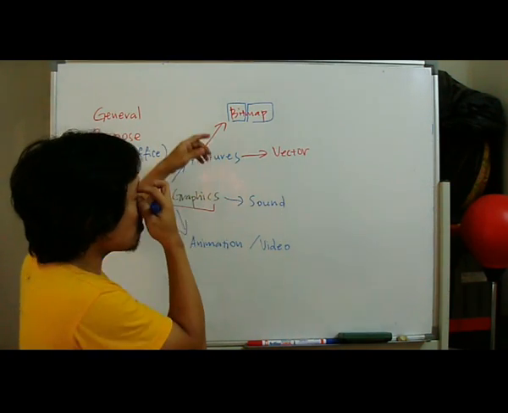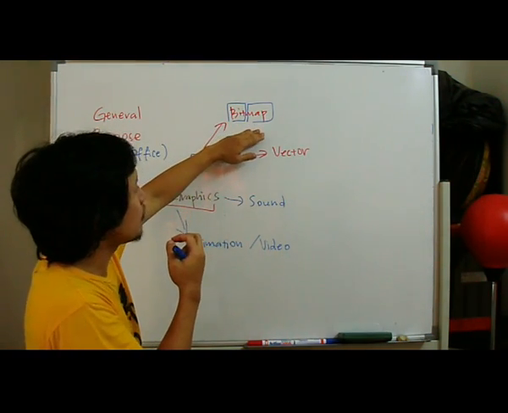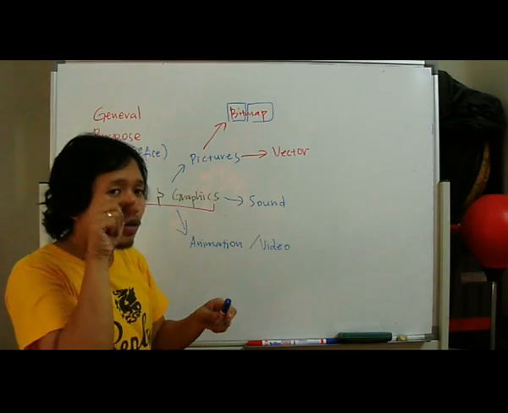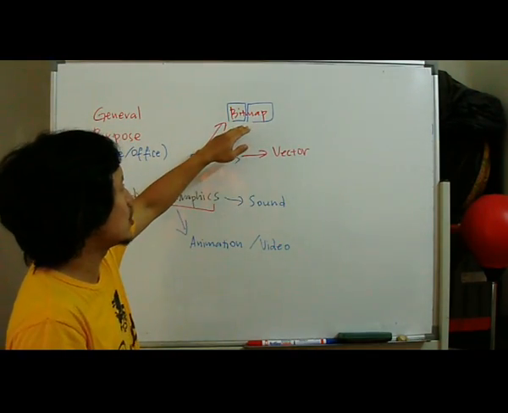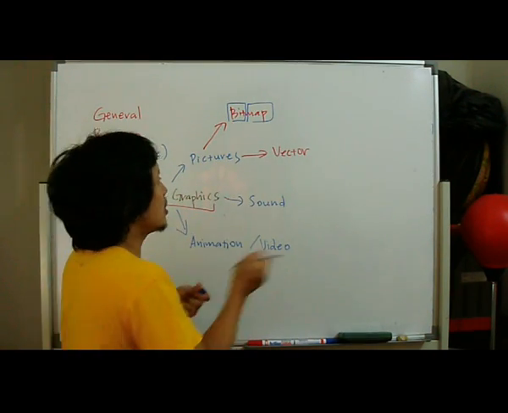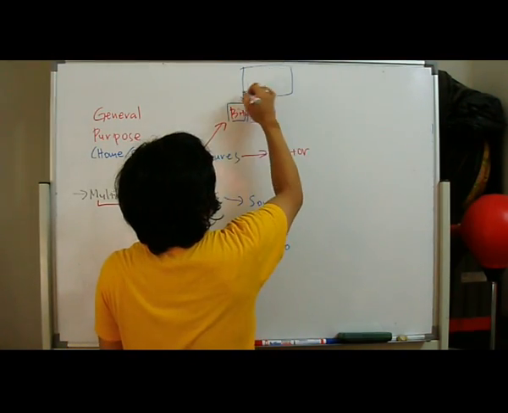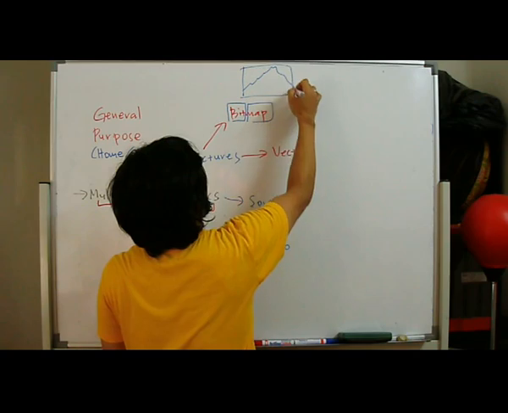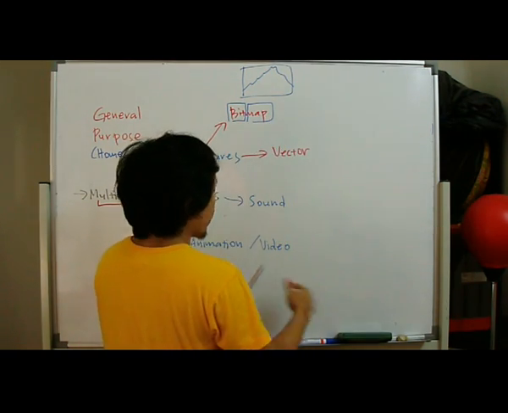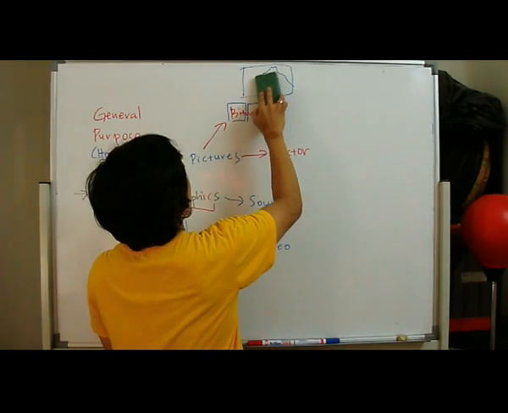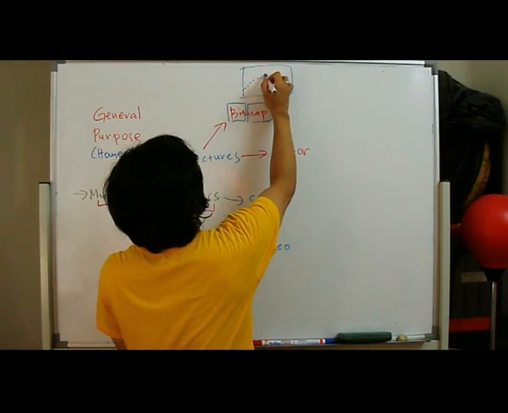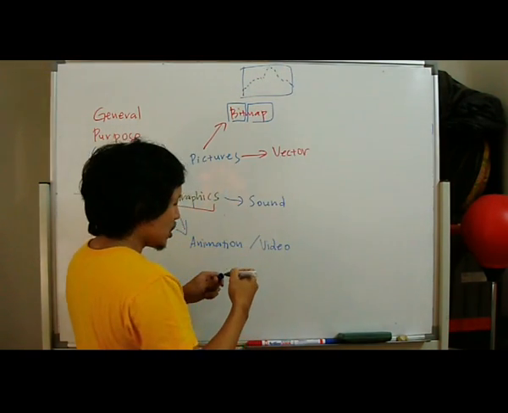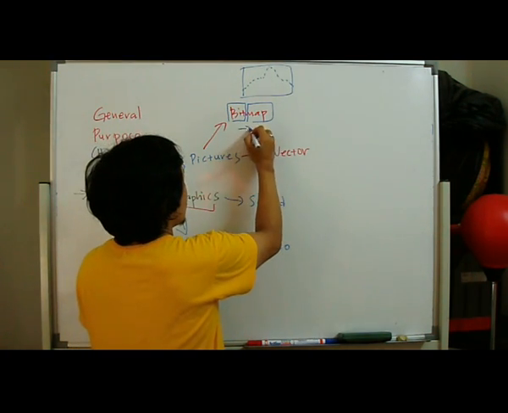In the same manner, here is a picture created using small dots, and all of these dots are represented by bits, so it's called a bitmap. Let's say you want to create a picture of some kind of a mountain like that. Basically, it is created using all of these bits, all of these little dots. So bitmap is a map of bits.